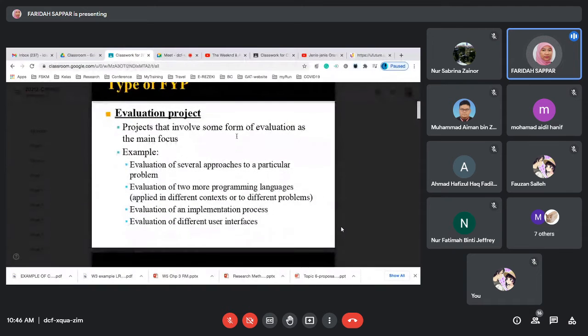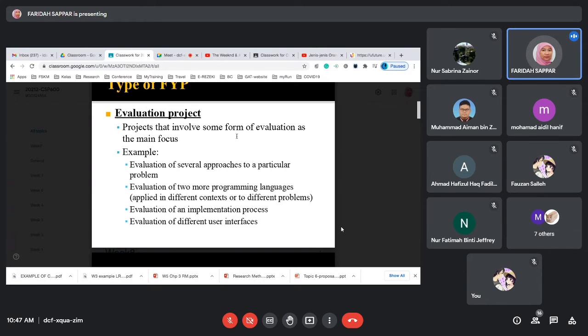Okay, evaluation project. Most of you probably haven't done an evaluation project, a project that involves some form of evaluation as the main focus. For example, my student this semester did an evaluation on the security vulnerability of an online website selling through social media.